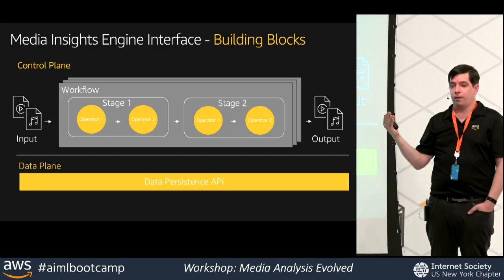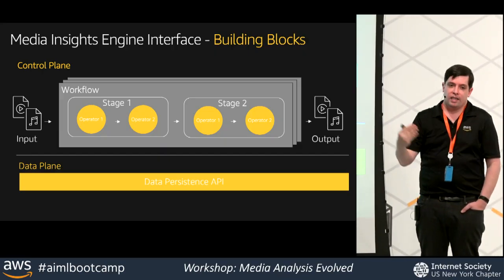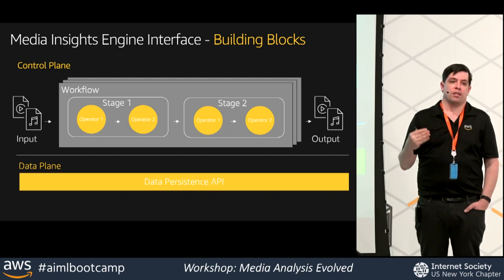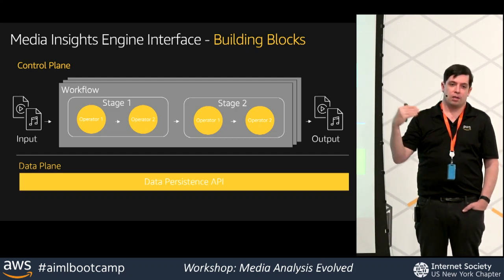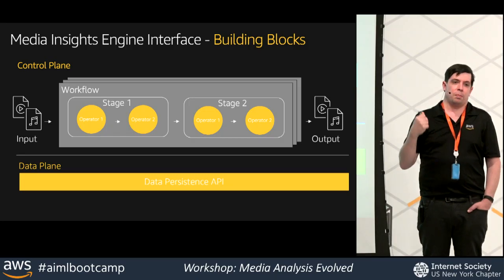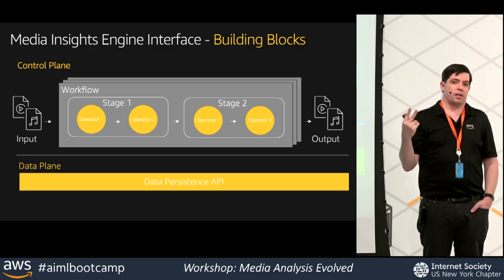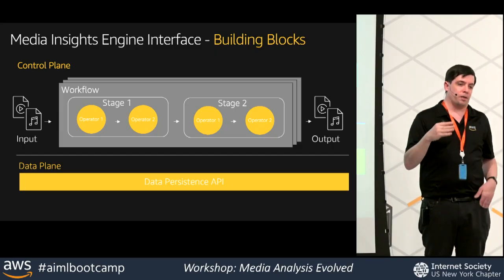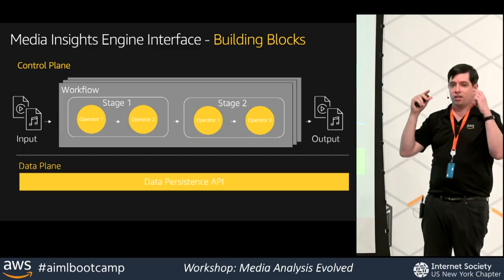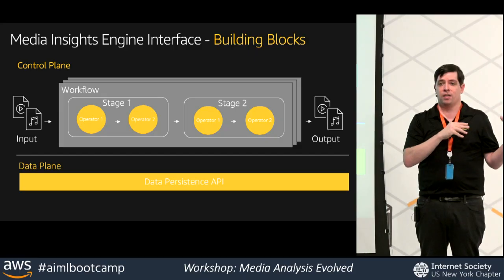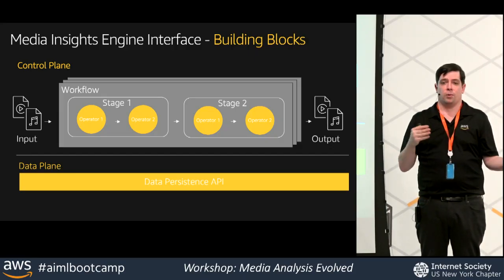So if you're bringing in a 4K video or 8K video, you might want to run something like MediaConvert to down convert that video, which would speed up your processing and lower the cost of inference. If you're not looking for things like color correction and you're just looking at what objects are in a video, whether that video is 8K or 720, the people in the video are still identifiable.